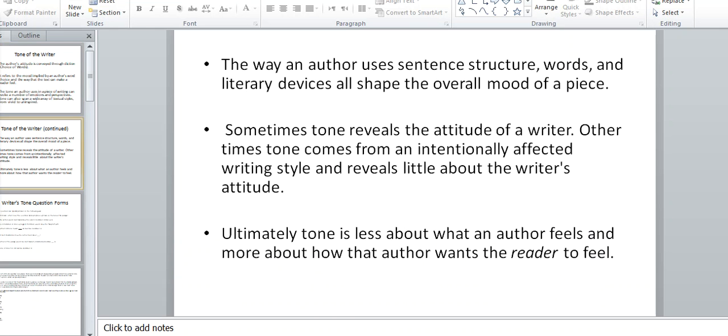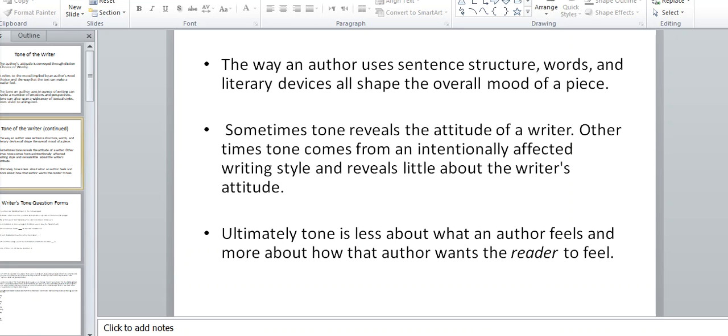Now we're done with identifying. Here are some insights on this type of questions, which has to do with tone of the writer as well as his attitude. The way an author uses sentence structure, words, and literary devices all shape the overall mood of a piece.